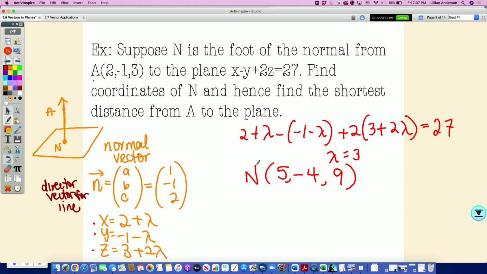Those are the coordinates of n. Remember, because this equation can give us any point that's along that vector, but specifically the one that is on the plane that's perpendicular is that point.